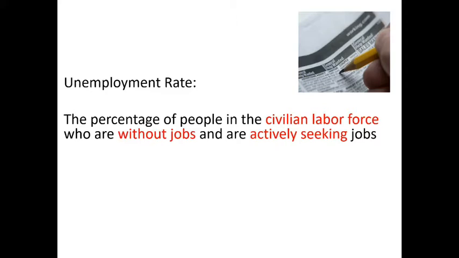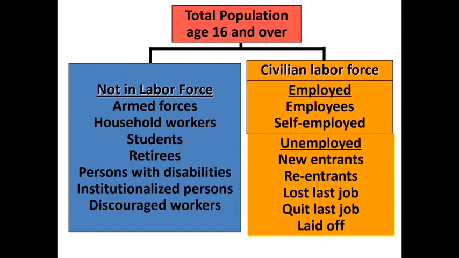To understand the civilian labor force and the unemployment rate, let's take a look at this chart. First of all, we do not take the entire population because population under 16 years of age are not supposed to work. They're either students or kids, babies.